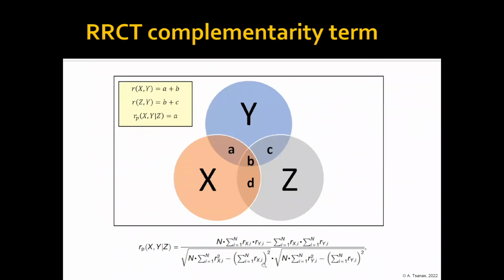The second thing is what we talked about, the complementarity. I will not bore you with the equation here, but the concept is that you try to assess the classical relevance that you can see, and then the conditional relevance. So you try to find how much X is associated with Y conditioned upon Z. Practically, that means you try to find the association between a candidate feature and the outcome conditioned upon other variables.